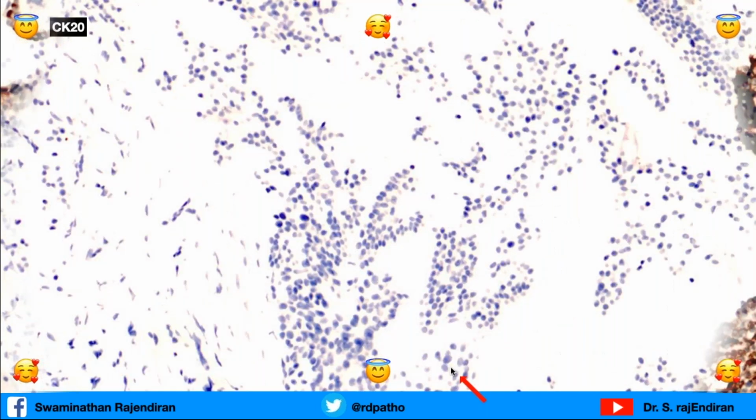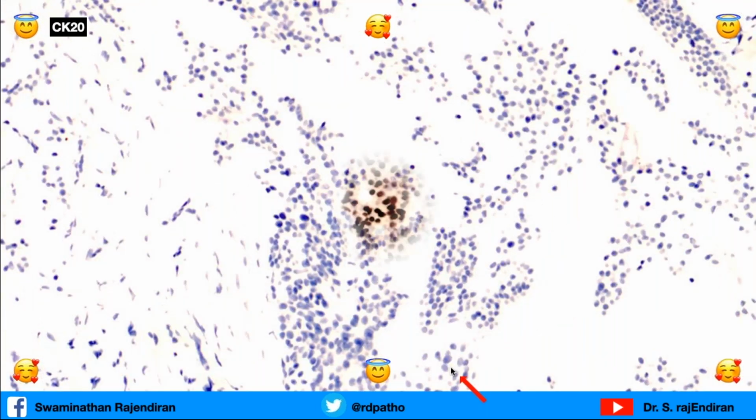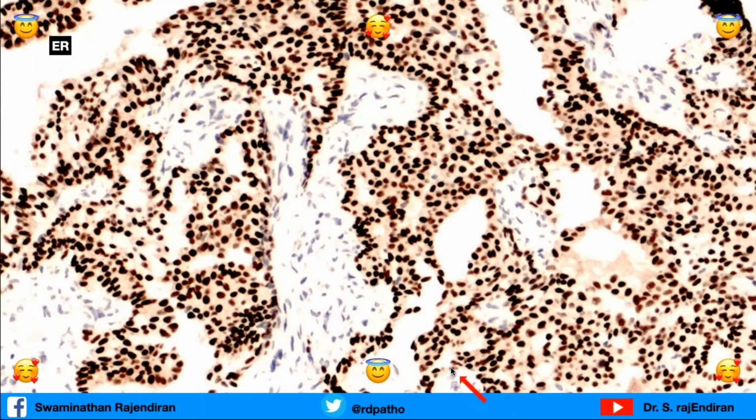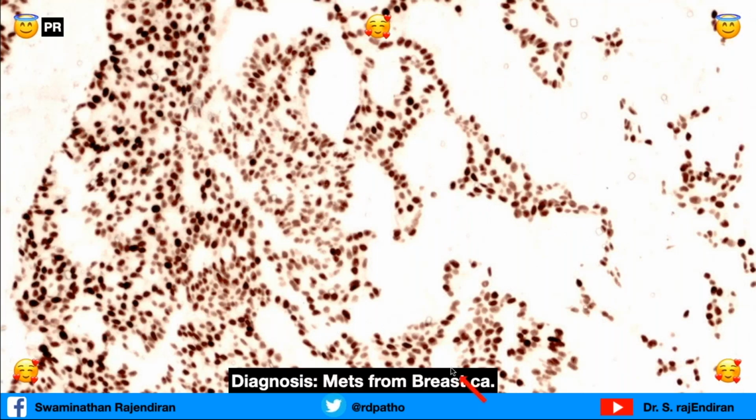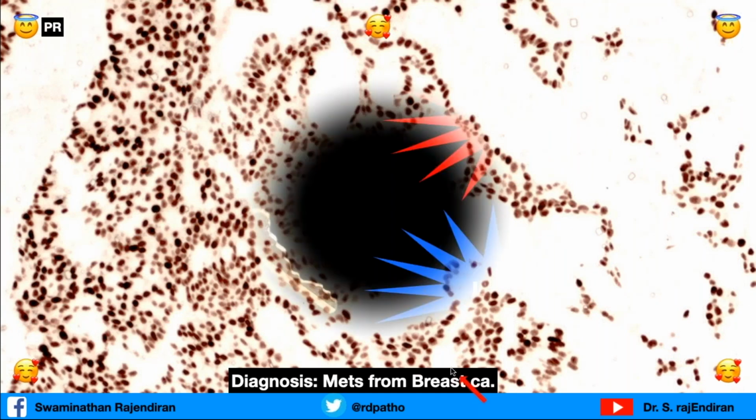Yes. CK20 negative, no problem. ER strongly positive. Lung carcinomas are not this diffusely positive for ER. When ER is positive and CK7 is positive, you have to think of breast. PR strongly positive, and so this is metastatic from breast carcinoma.